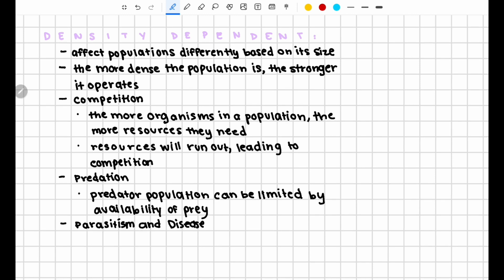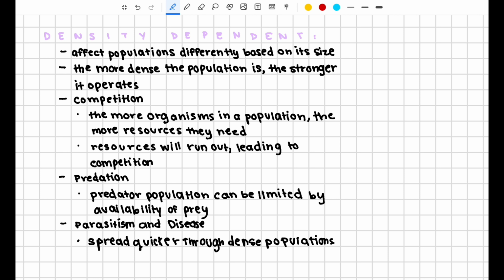And the last example of a density-dependent factor is parasitism and disease. These are obvious, as they spread quicker through denser populations. Especially with diseases or parasites that spread through contact, the more contact an animal has with its species, the more likely it is to pass that disease on to others.